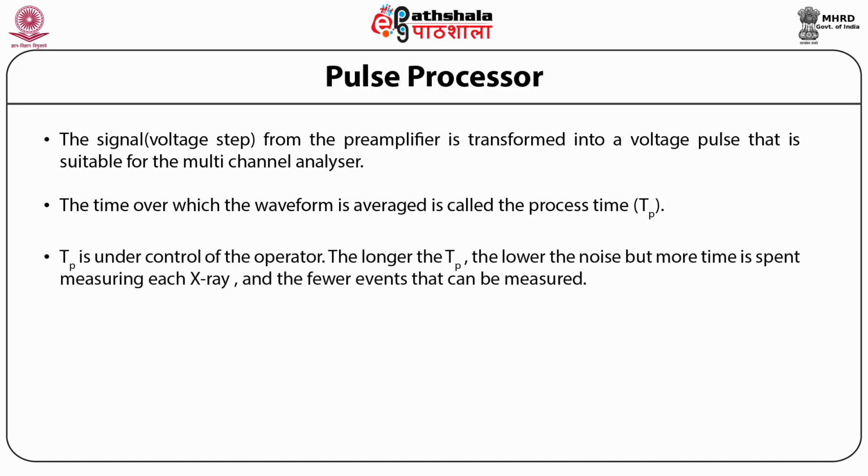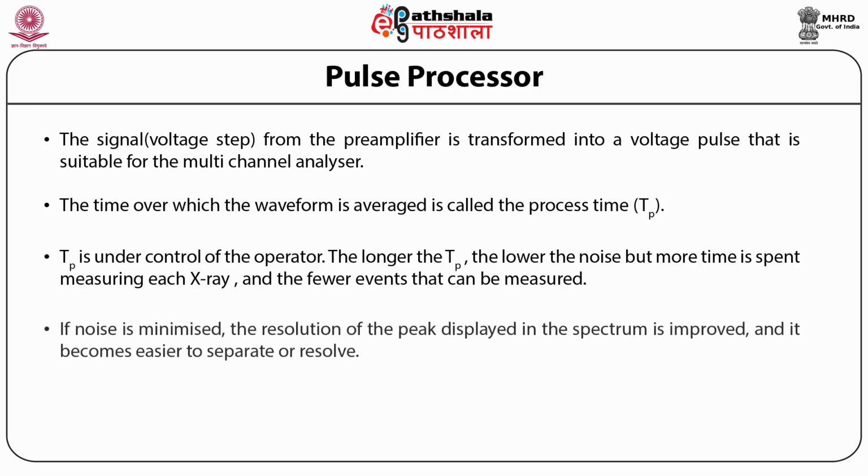The longer the TP, the lower the noise, but more time is spent measuring each X-ray and the fewer events that can be measured. If noise is minimized, the resolution of peaks displayed in the spectrum is improved and they become easier to separate or resolve.